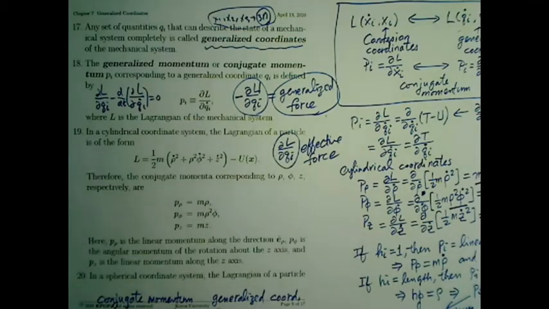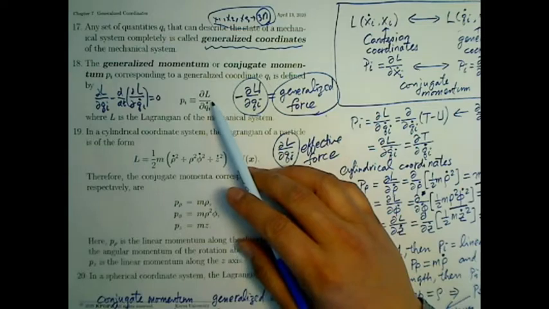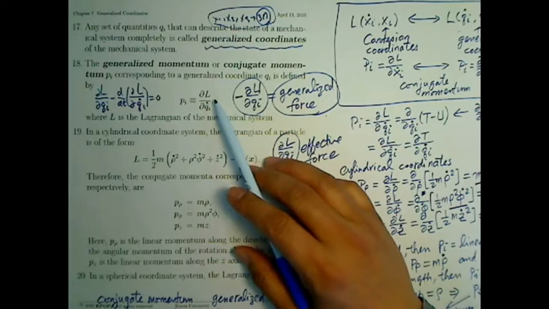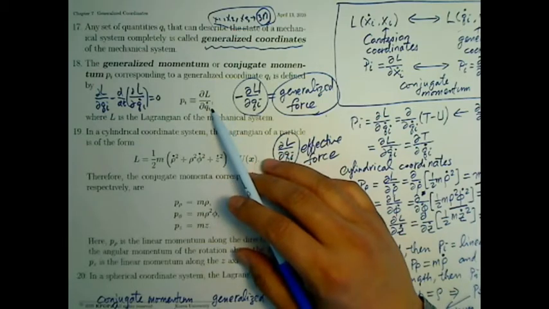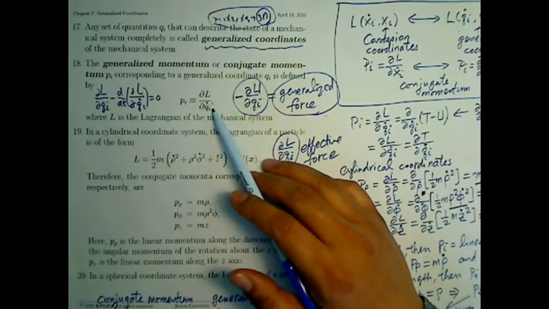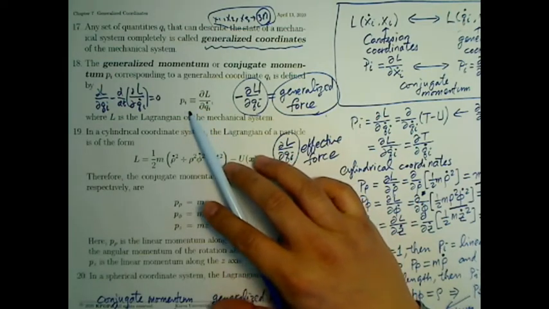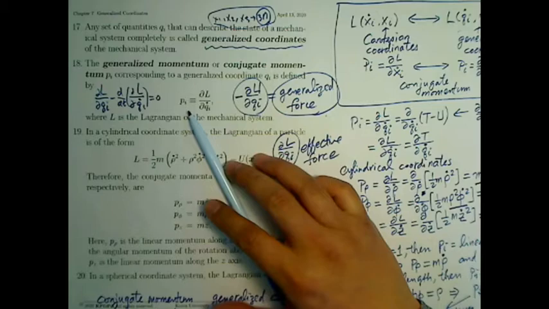Just like what we did for the derivation of momentum from the Lagrangian, in the Cartesian coordinates, if I take the derivative of the Lagrangian with respect to the velocity along the Cartesian axis xi, then we obtain the linear momentum m xi dot.